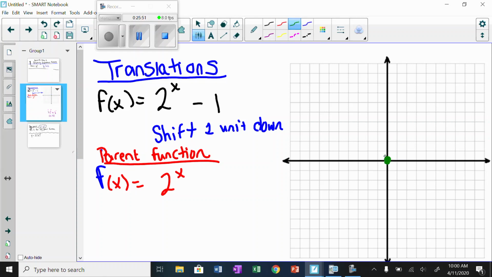And what does that mean for my asymptote? That means my asymptote has to be 1 unit below that. So instead of my exponential growth hugging the x-axis, now it's hugging the line y equals -1, and then going up.